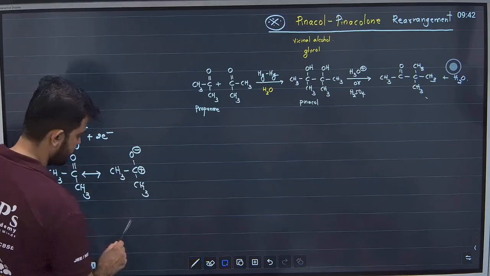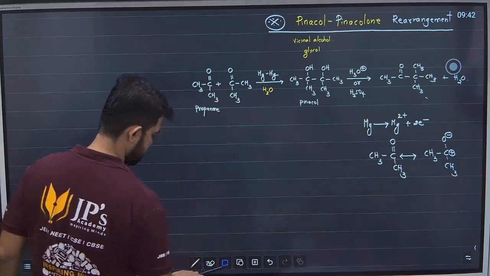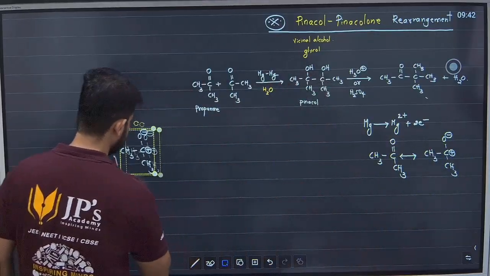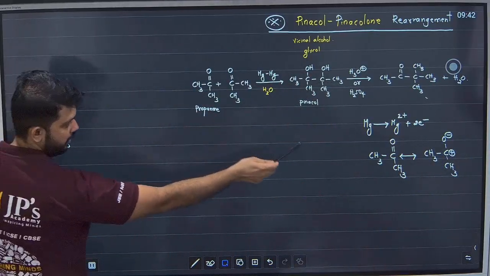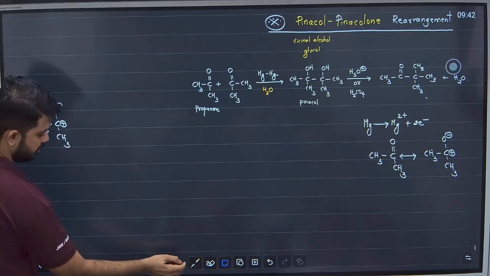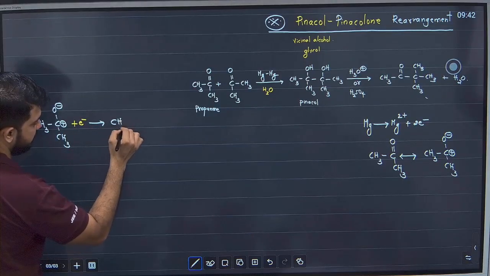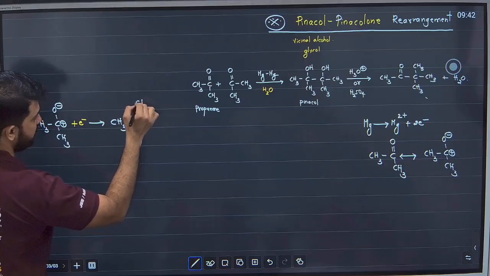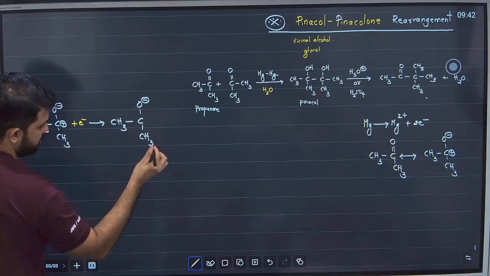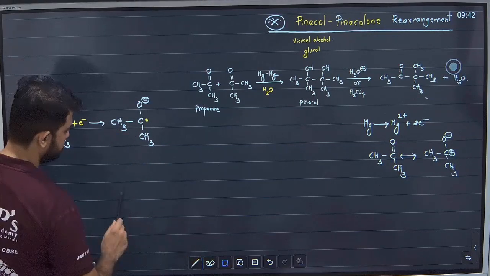So I have 2 of these, and here I have 2 electrons from magnesium. So this takes 1 electron. So what do we get? Something like this, a radical anion with a minus on O. One more of this.